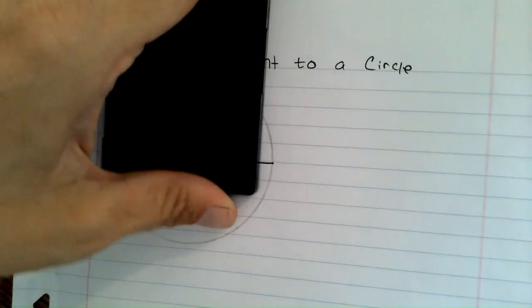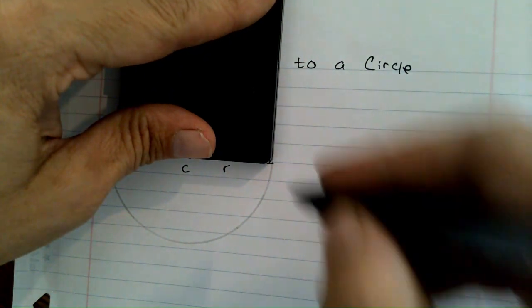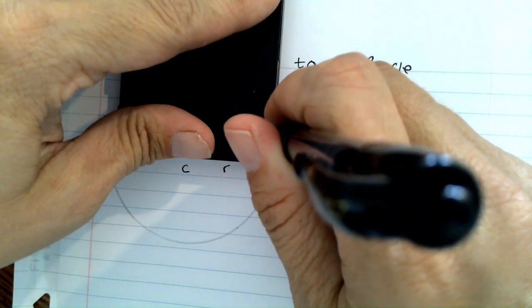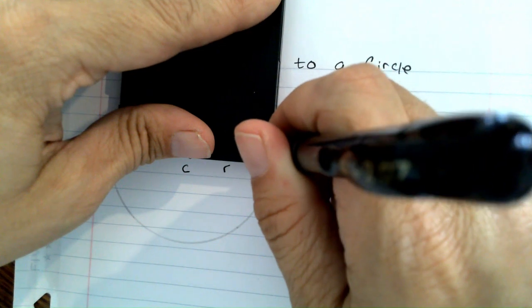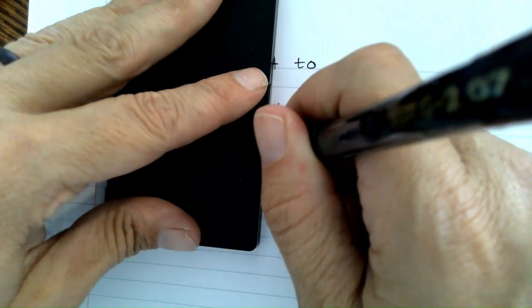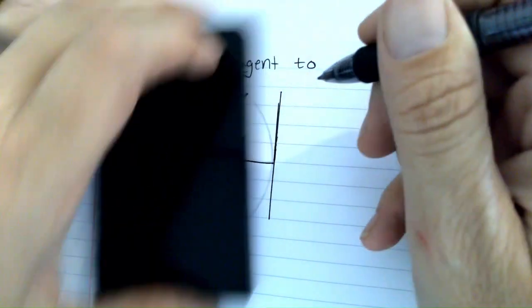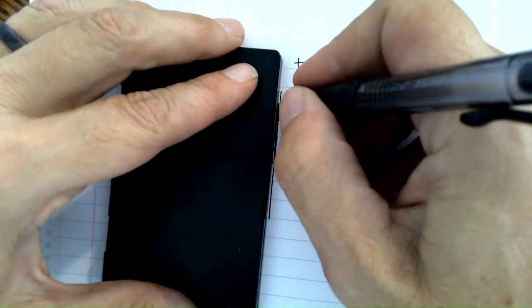So I'm going to kind of cheat here with my perpendicular. I've lined this up. I know it's got a right angle in it. Make sure it goes through correctly. Now I can extend it now that I have it started. Okay, so we'll bring that on up.